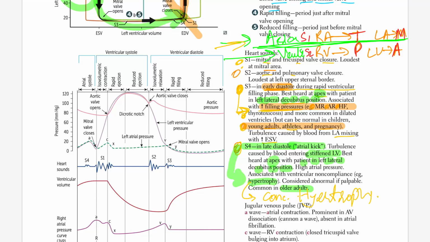While the other one is going to be your eccentric hypertrophy. So if you look here, they're saying dilated ventricles. So what do they mean? They're trying to say eccentric hypertrophy. Okay, and that is going to be all for S3 and S4.